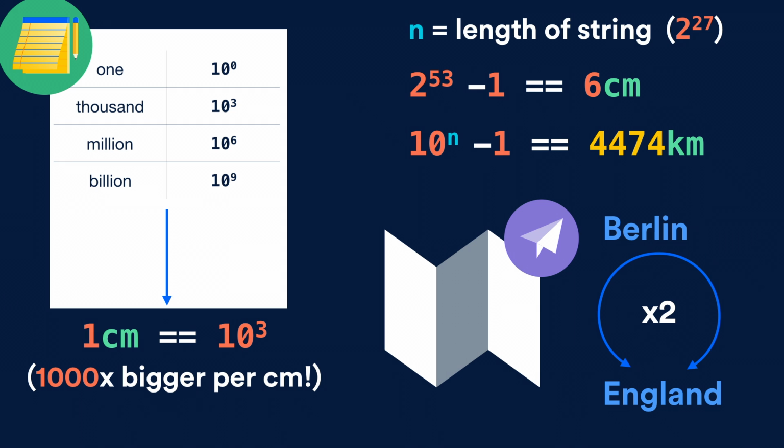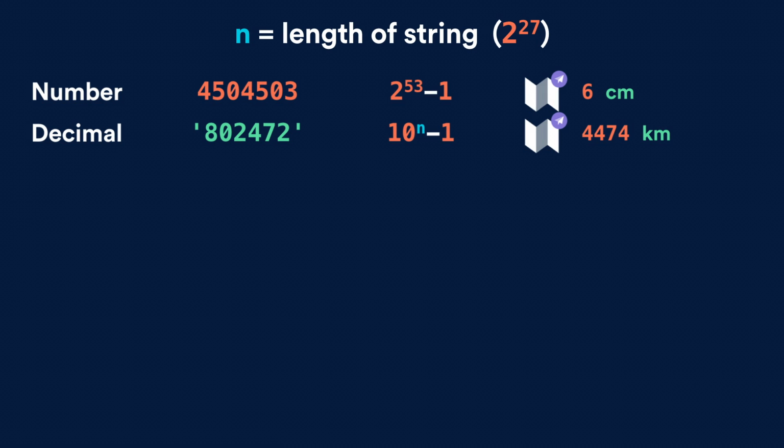So this is a really simple technique, and we've just completely blown away that max value that we had before. To put it in terms that we can understand, it's from here in Berlin to England and back twice, with each centimetre being 1,000 times bigger than the one before it. This is a little table I'm going to keep referring to as we go, just to record our progress.